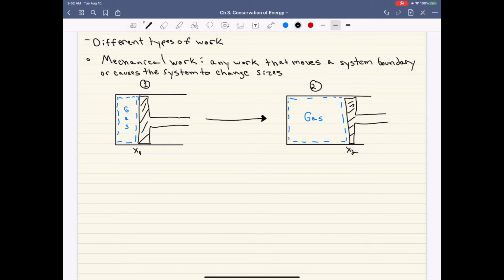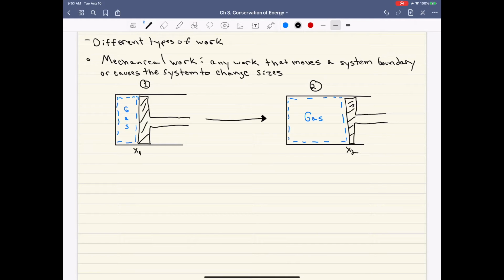Now, mechanical work occurred in this system, right? And so in order for the gas to push the piston away, in order for it to expand, it needed to exert work onto the surroundings.